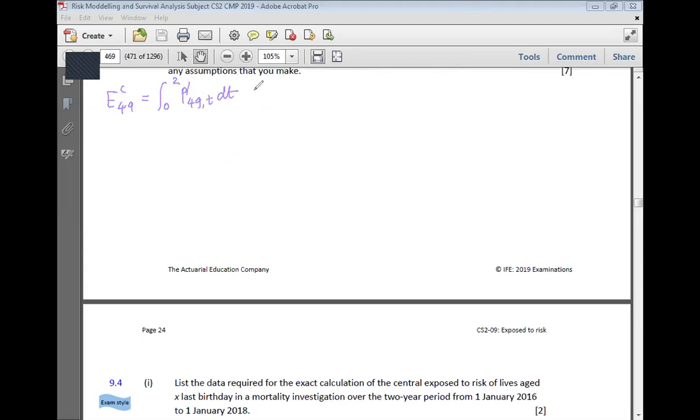All right, so now I can write this linearly as from 0 to 1, P-49, comma T dt plus integration 1 to 2, P-49, comma T dt, right? And now if I want to make an approximation for this guy, what will I have? I will have P-49 at time 0 plus P-49 at time 1, and everything divided by 2.